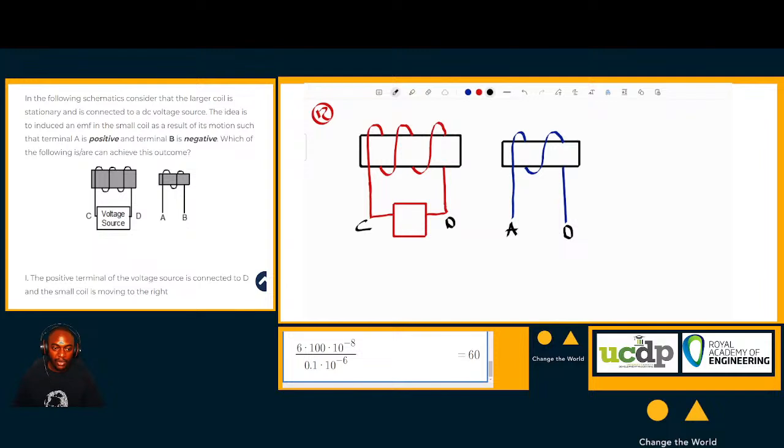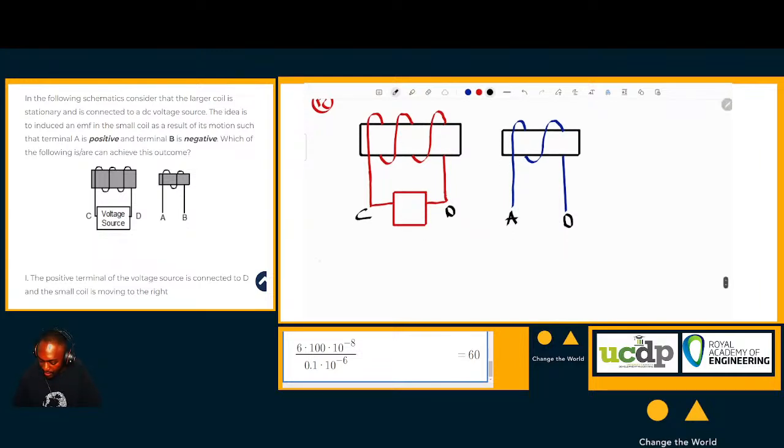Okay, so we need to choose from the three scenarios. So we start with case one. We want to achieve an outcome such that terminal A is positive and B is negative.